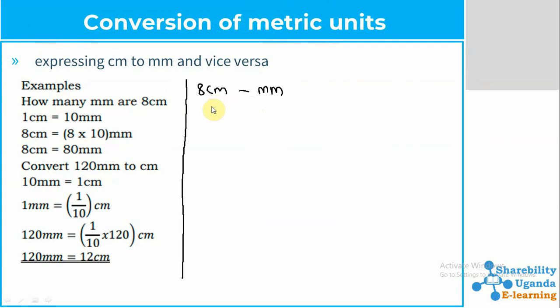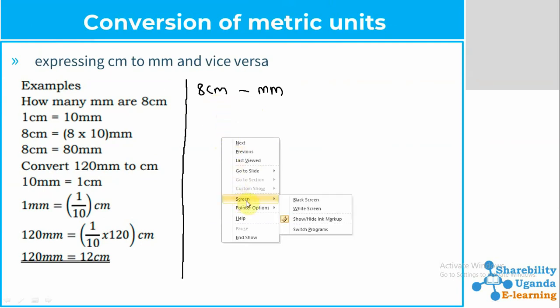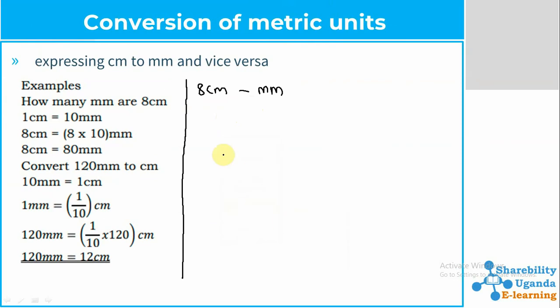Now if we have our 8 centimeters and we want to change it to millimeters, that simply means, if we know that 1 centimeter is going to be equal to 10 millimeters, we shall have 8 centimeters equal to 8 times 10. So here we shall say that 8 times 10 gives 80 millimeters.